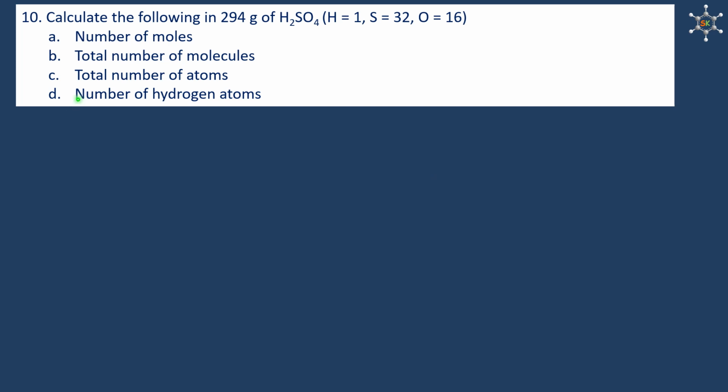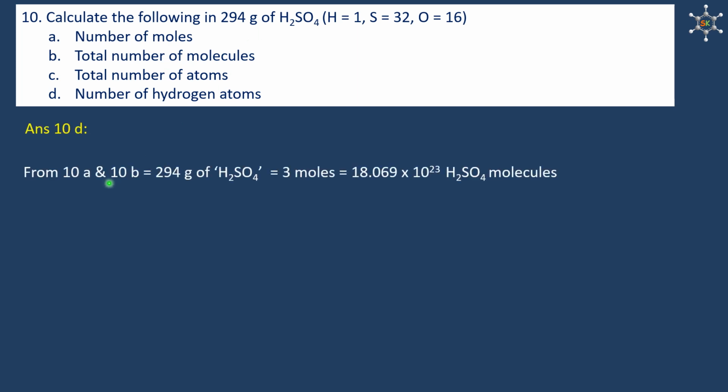Calculate the number of hydrogen atoms in 294 grams of sulfuric acid. We understood from problem A and B that 294 grams of sulfuric acid means 3 moles of sulfuric acid, that is equal to 18.069 into 10 to the power of 23 sulfuric acid molecules. If we observe the formula of sulfuric acid, we can make out that one sulfuric acid molecule consists of 2 hydrogen atoms.